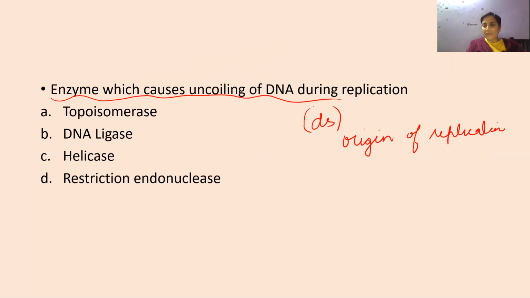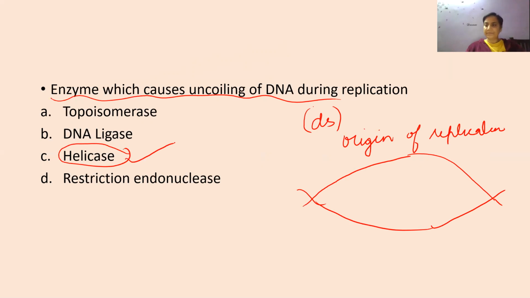When we know the origin of replication is there, we get that replication fork. So the enzyme responsible for uncoiling of DNA is helicases.